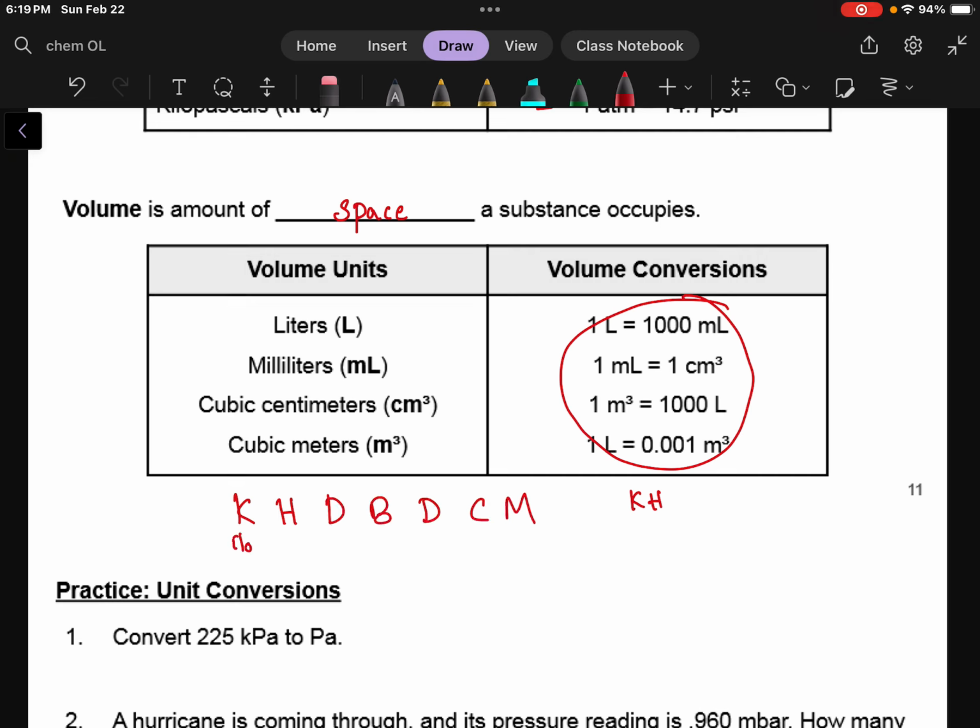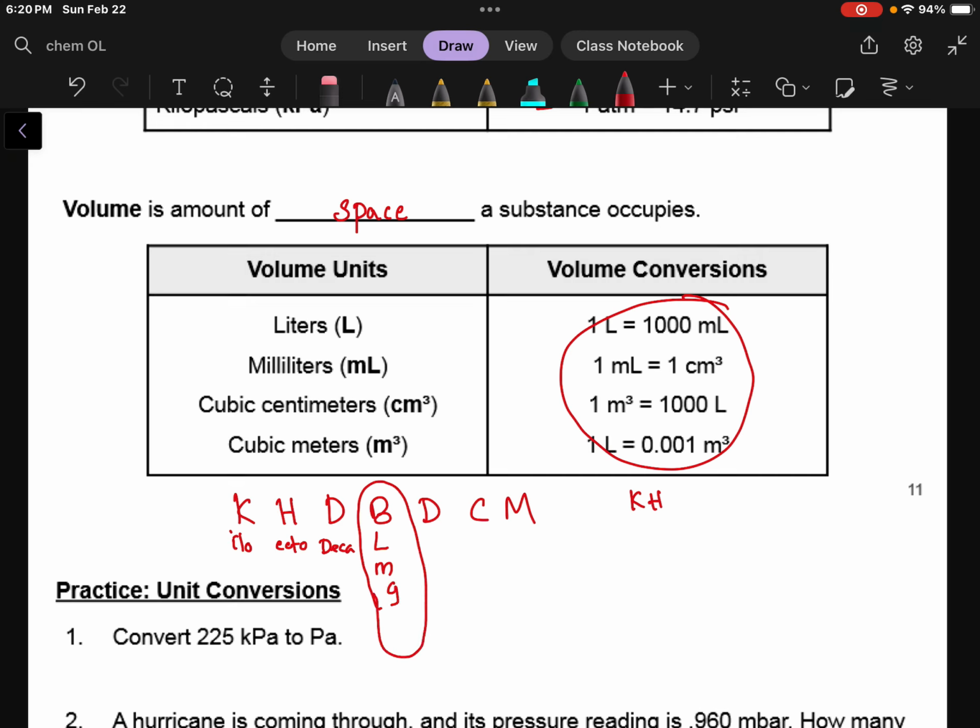Okay, King is kilo, hecto, deca, and all basic units. Like if it is volume, you will see liter here. If it is distance, you will see meter here. If it is mass, you will see gram here.